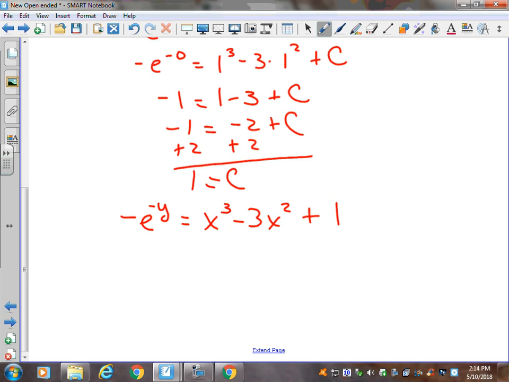So first of all, we could take the negative through the whole entire problem, and that would get rid of it. Everybody agree with that? That might be a good idea. Second of all, we could have not done that if we didn't want to. I mean, there are other ways to write the answers. There's more than one way. Yes, we can ln both sides.